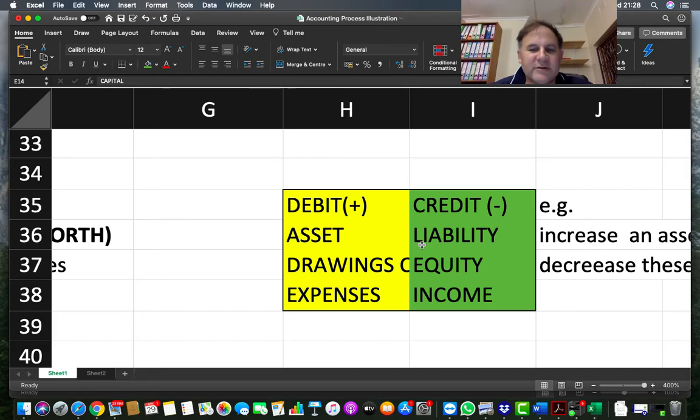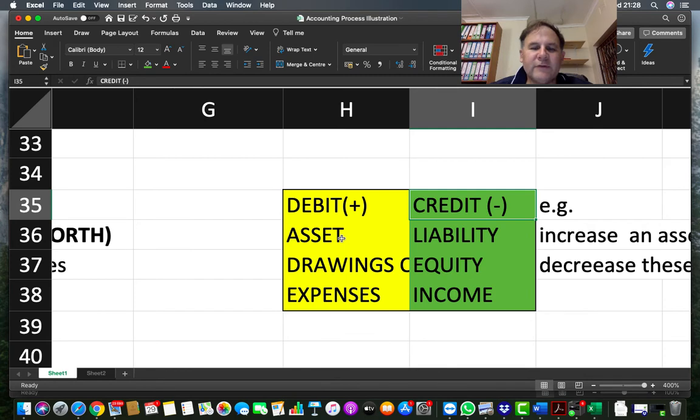And the more you work with it, it just becomes second nature anyway. So the debit side is the left side, the credit side is the right side. I'll put here plus, because sometimes in electronic accounting packages, your debits are shown as a positive and your credits are shown as a negative.